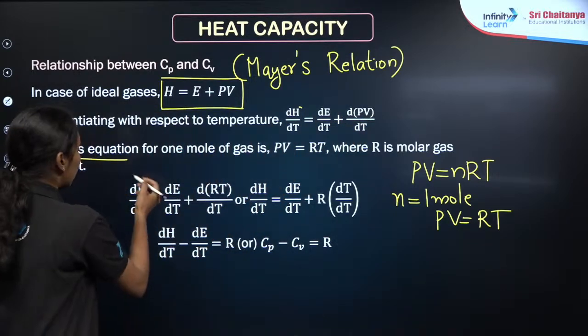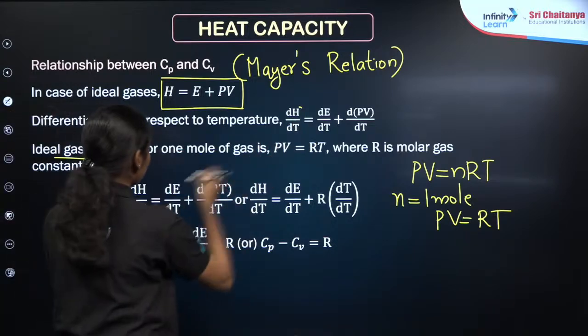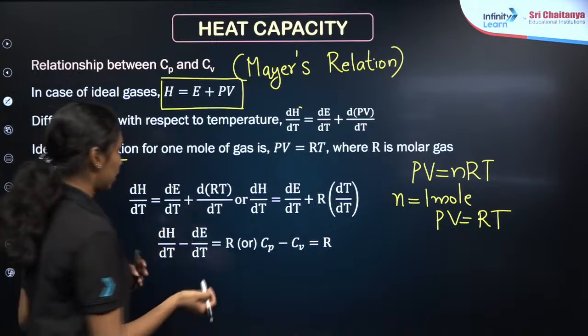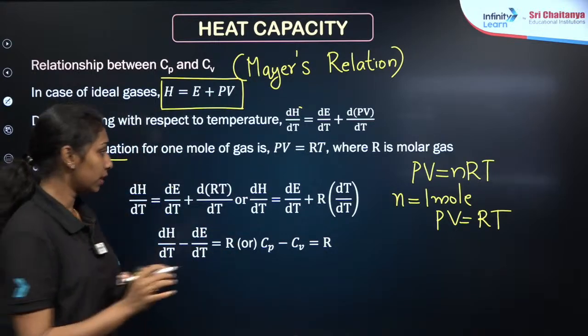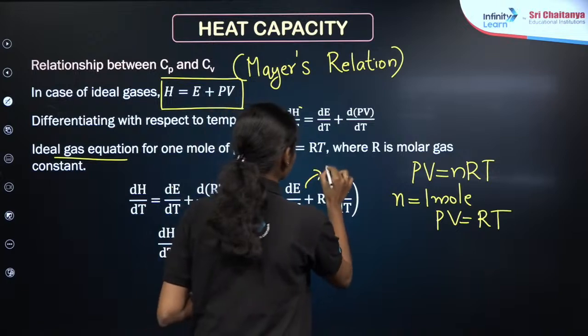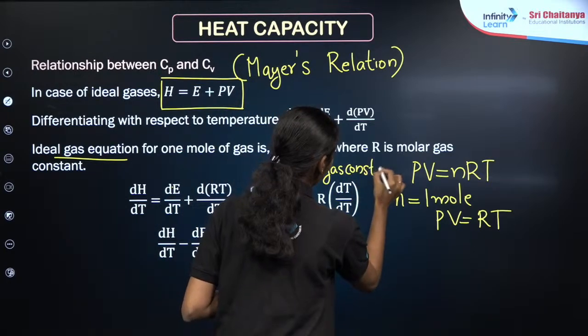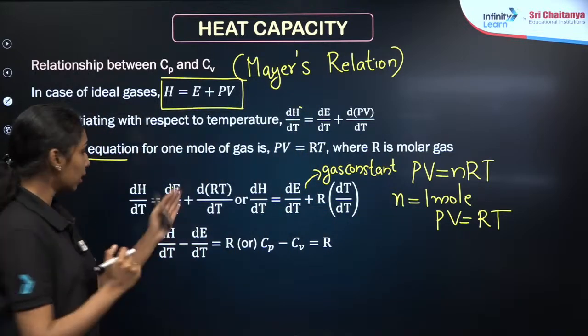So it will become dH by dT is equal to dE by dT plus d by dT of RT. R is the universal gas constant, so it is a constant term, and I am taking it out of the bracket.